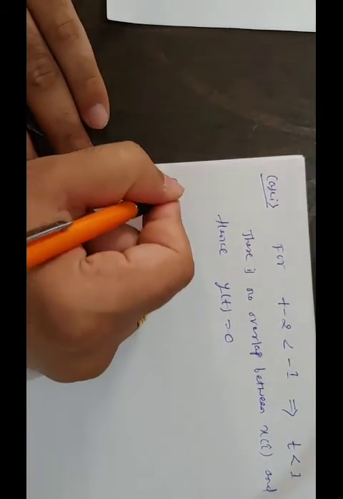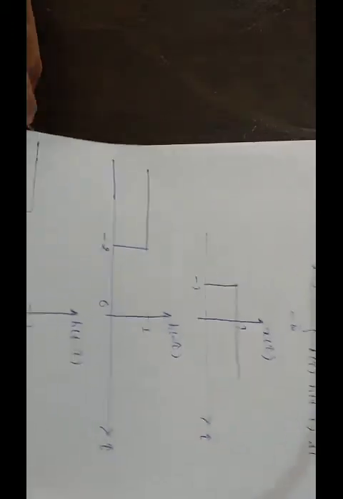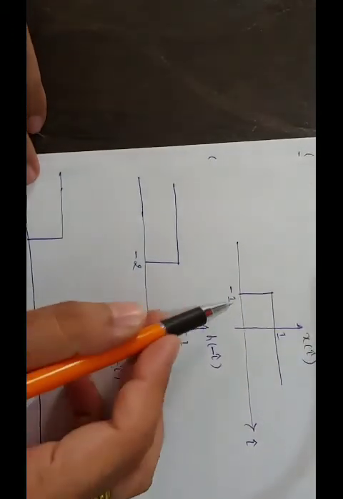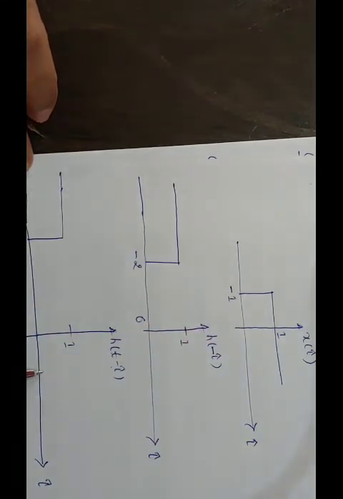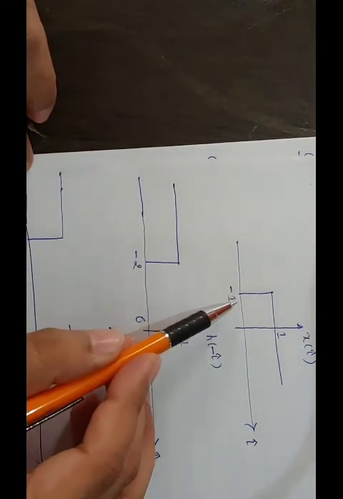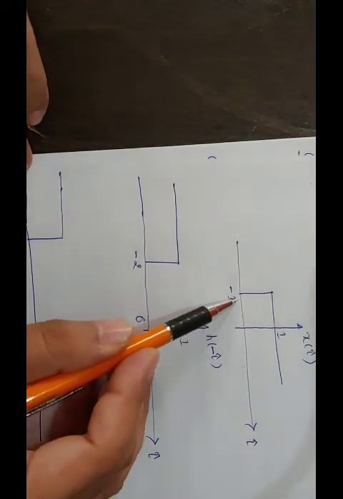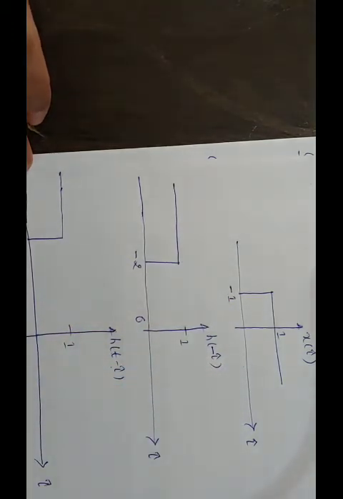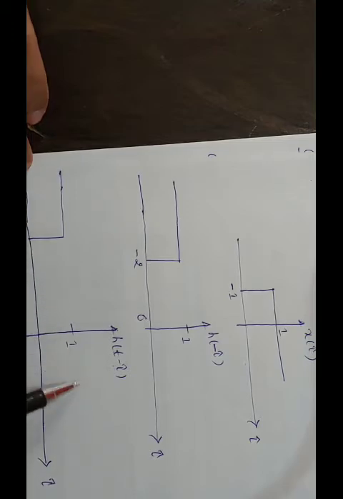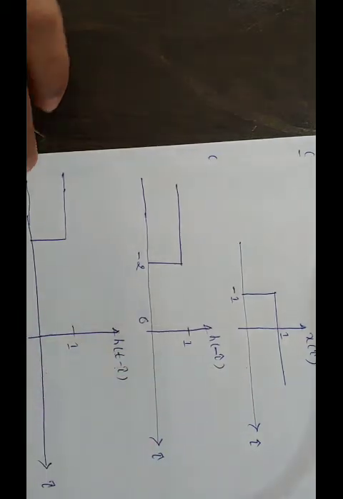Next I will consider case number 2. Now I am taking t minus 2 greater than or equal to minus 1. That means the overlapping range is from minus 1 to t minus 2. If I place this t minus 2 here, greater than minus 1, the overlapping will start from minus 1 to t minus 2.